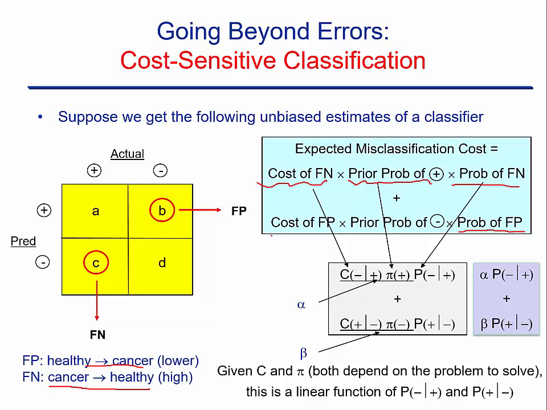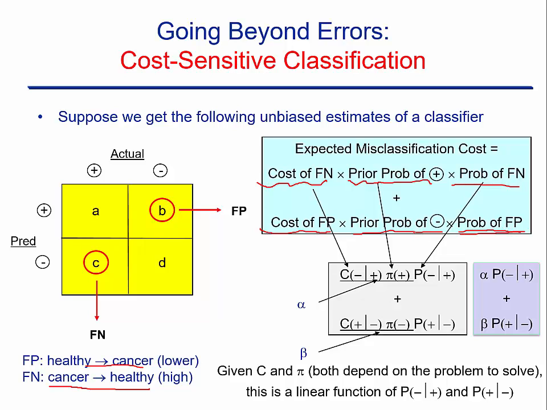And similarly, we will multiply the cost of making false positive mistakes by the prior probability of seeing patients without cancer, or healthy persons, which is further multiplied by the probability of these healthy persons being misdiagnosed as having cancer.